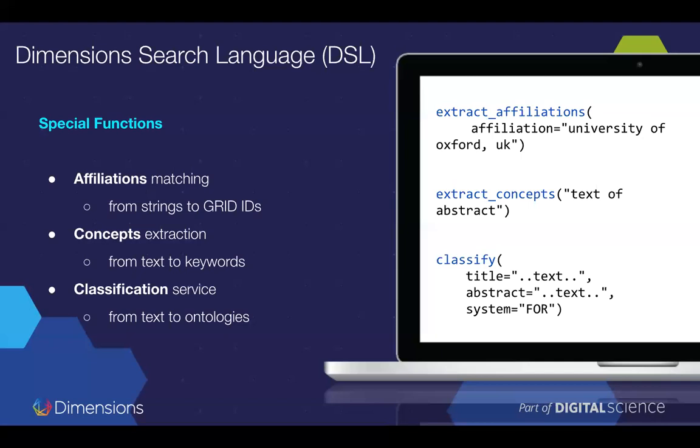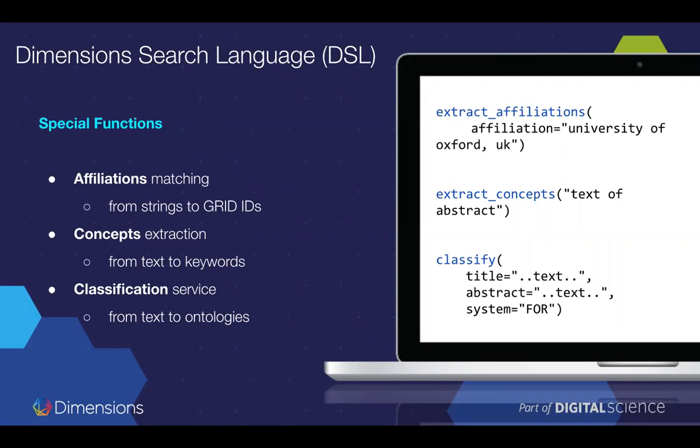The third function, and there's actually more than three, but I just mentioned three today, is the classify one. In this case, you can still pass some text, normally a title or an abstract, and you can specify what classification system you want to use. Here we have the FOR, the Fields of Research Codes classification. That's one of the many classification systems we have in dimensions.